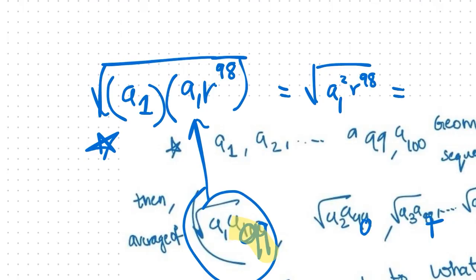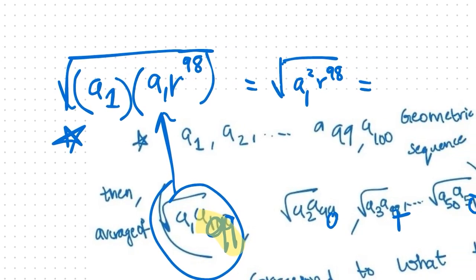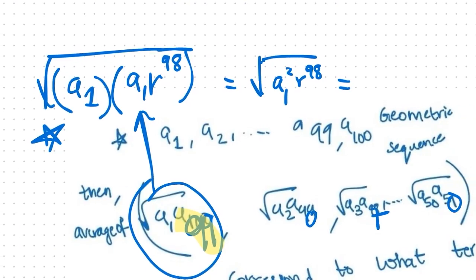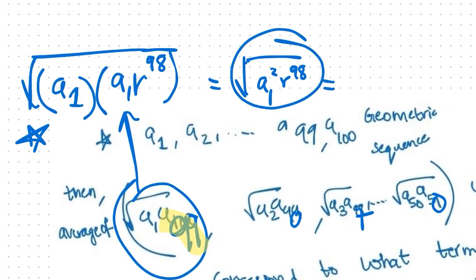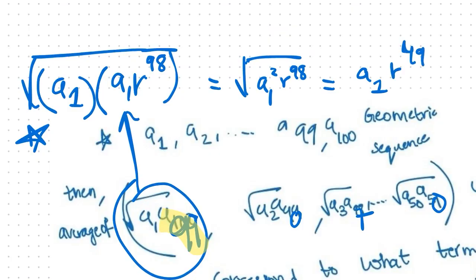Radical means square root, right? So this simplifies to A1 R to the 49. So the first term is A1 R to the 49. What about the second term?